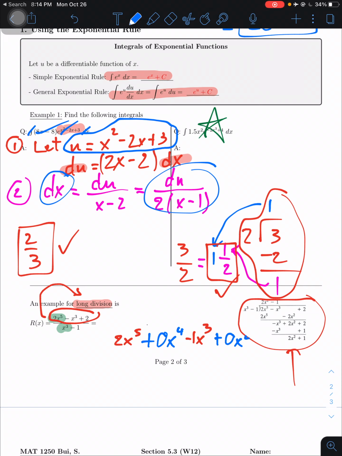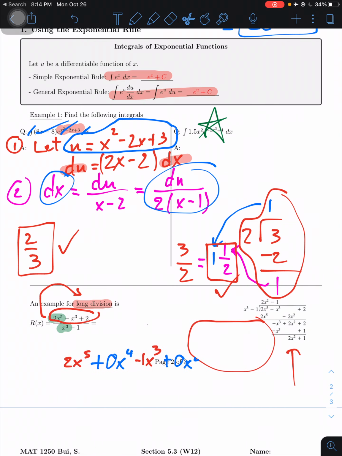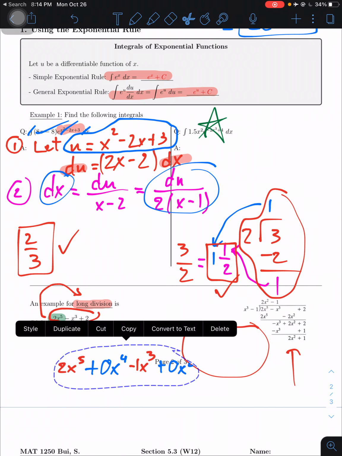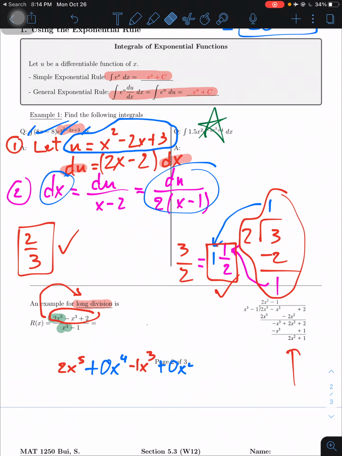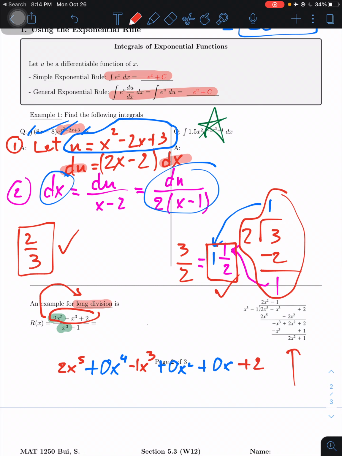I need more space, so let me move this a little bit. Okay, this should work. Next, I don't have anything with x, but I do have something with no x, which is 2. This is how I'm going to write it.